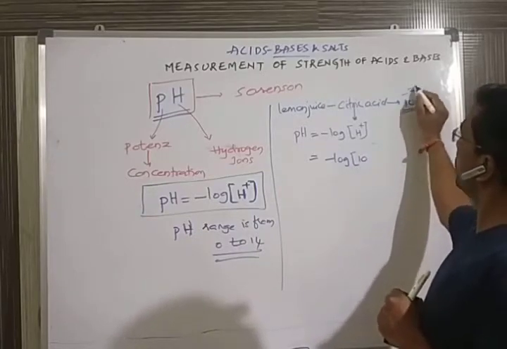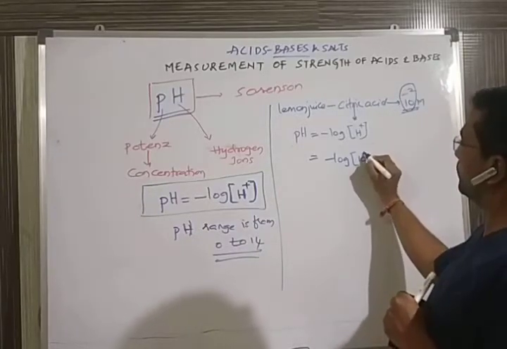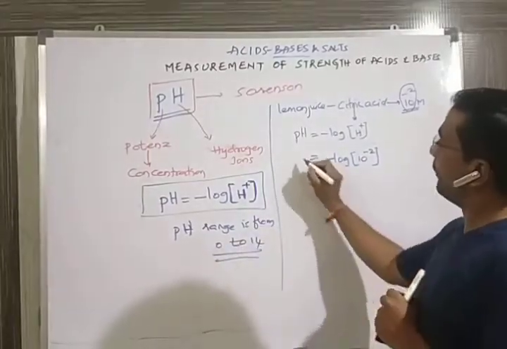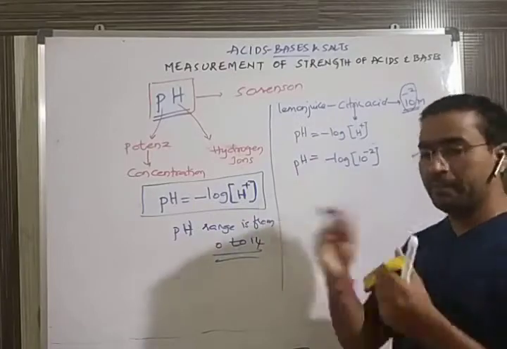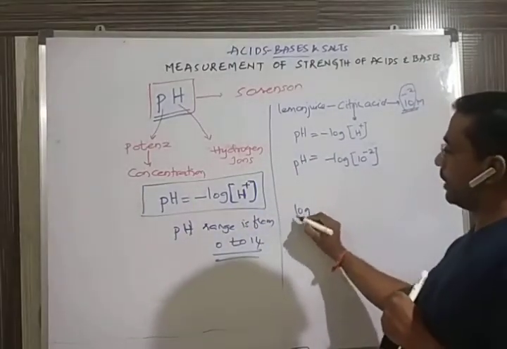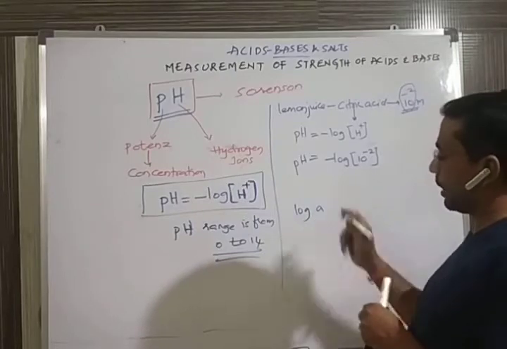So pH is equal to minus log of H plus. What is the value? 10 to the power of minus 2. When you simplify this, in our maths we have one term: log of a to the power of x.